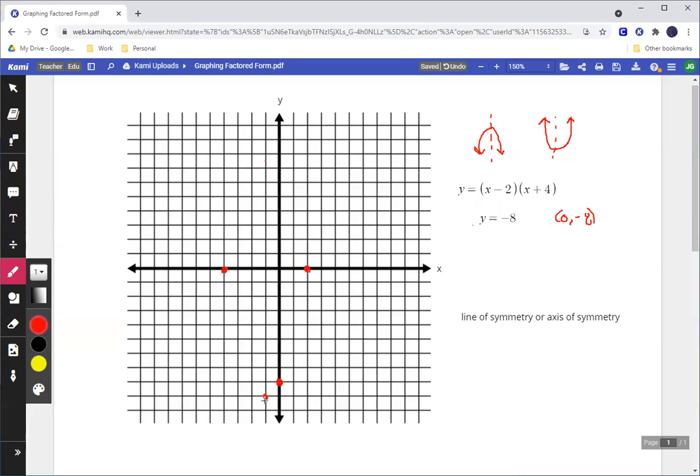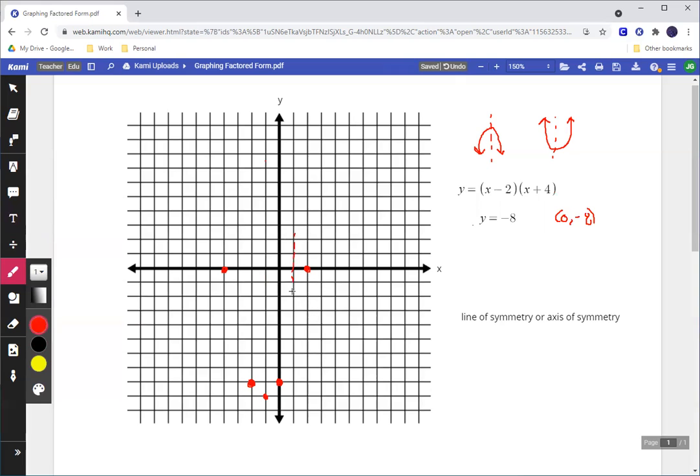Since we know that the vertex represents the center of the parabola, and that's the center line, and we know parabolas are mirror images left and right, and we know furthermore that this is a point because we just figured it out, we can then mirror this point to the other side and say there must also be a point here. And that's true for any point that we find.